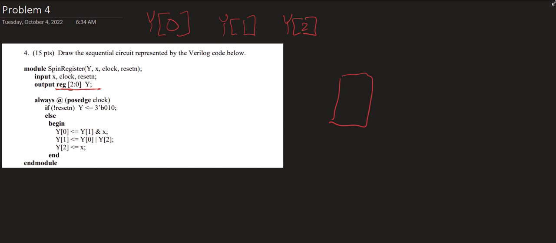The three y's here tell me that I'm going to have 3 flip-flops. And we're going to use D flip-flops, and we'll have a Q, Q, Q. This will be 2, 1, 0. And you can be pretty sure anytime you've got any kind of if statement, you're going to have a multiplexer going with each of your flip-flops.